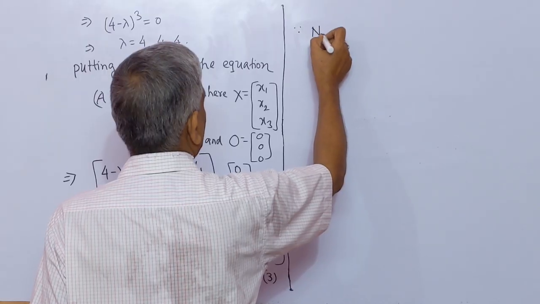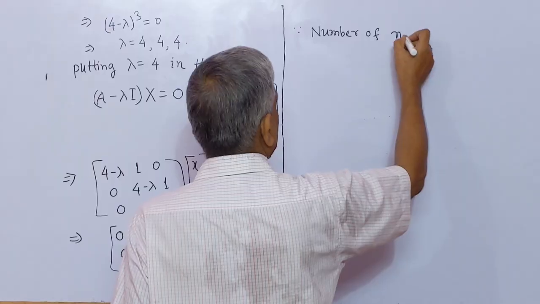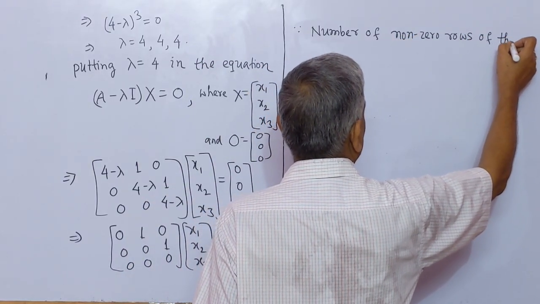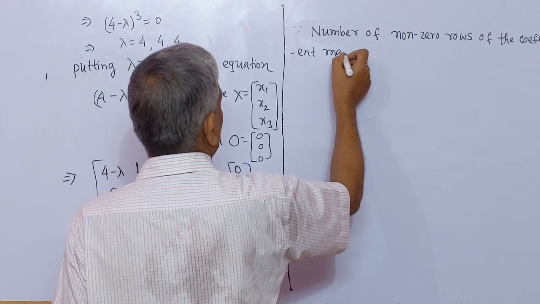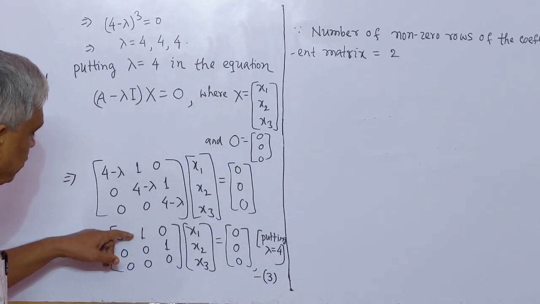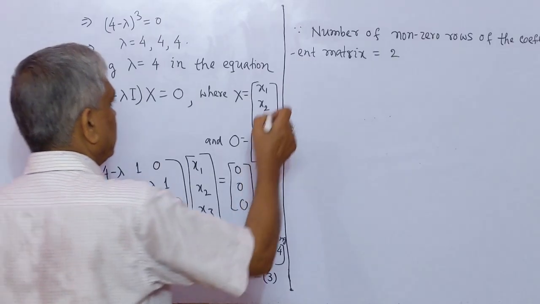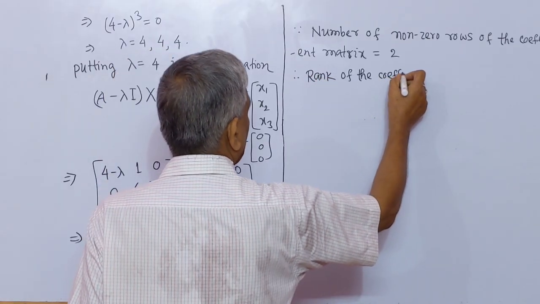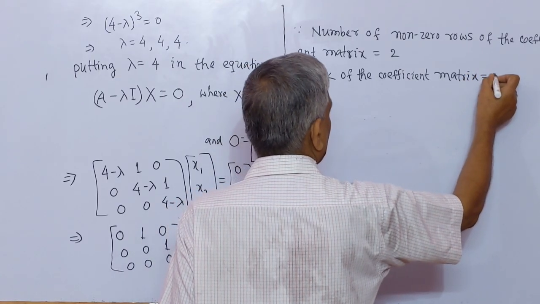Since the number of non-zero rows of the coefficient matrix equals 2, here the number of non-zero rows is 1, 2, and this is the zero row. Therefore, the rank of the coefficient matrix equals 2.